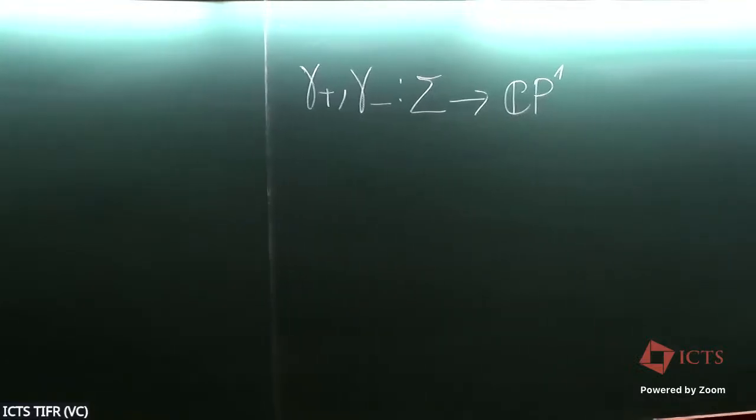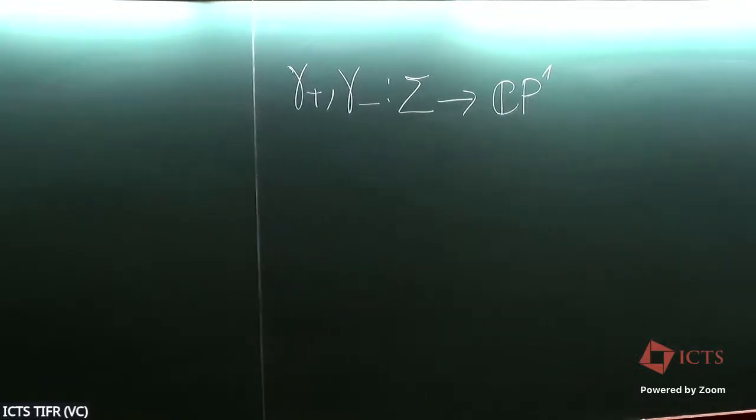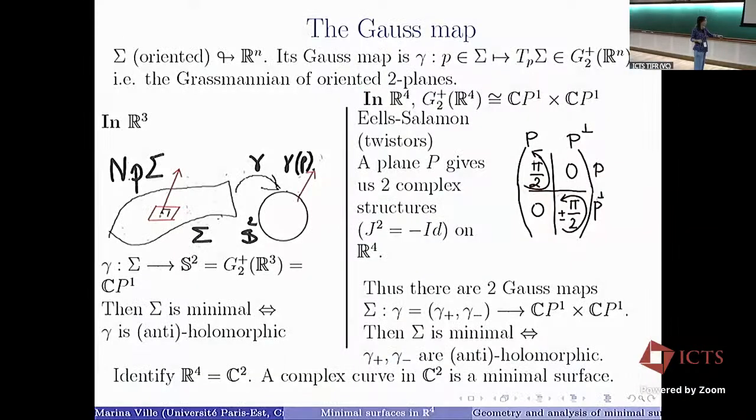One thing about complex curves is Wirtinger's theorem. A complex curve in C2 is locally absolutely minimizing, and so it's a minimal surface. And you see with this description that one of its Gauss maps is constant.